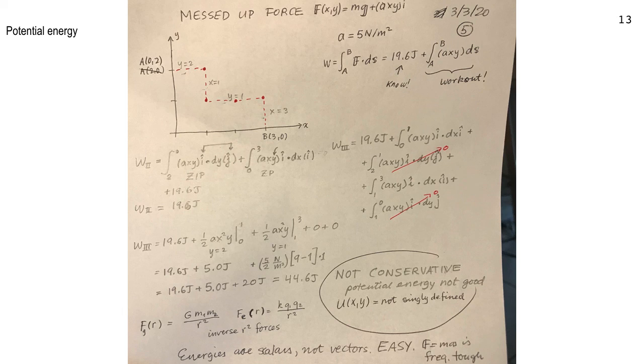The electrostatic force as a function of r radial position is k times Q1 times Q2 over r squared. Those are both inverse r squared forces. You may remember them. And we'll be studying this one. You'll be doing this one in 2049. But inverse r squared forces are always conservative, just because of the way that the integrals work out.